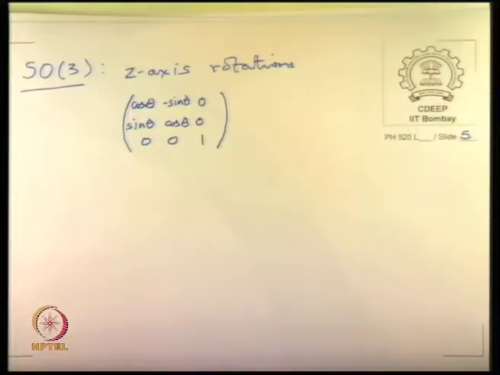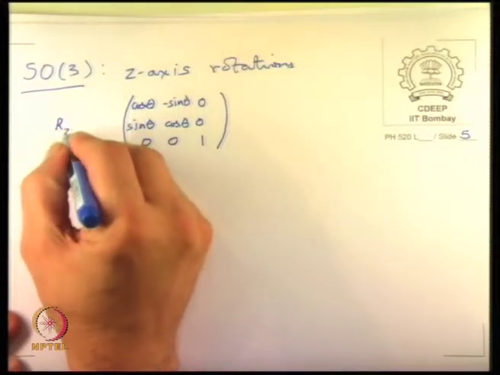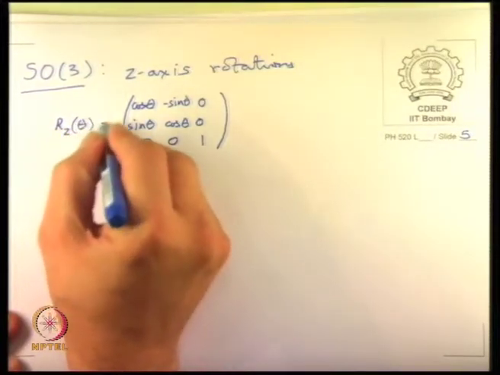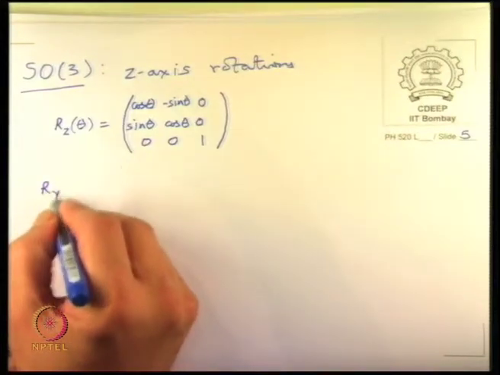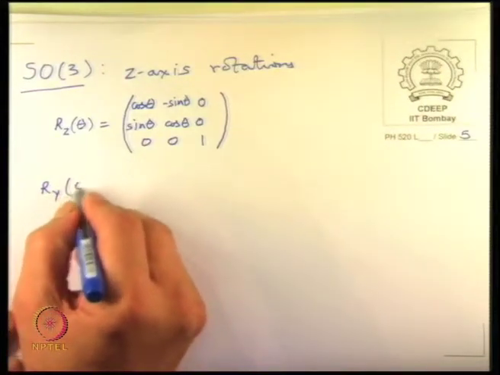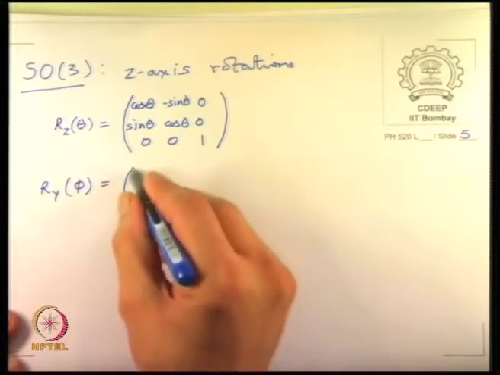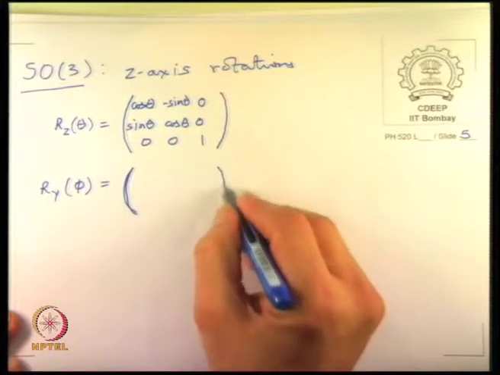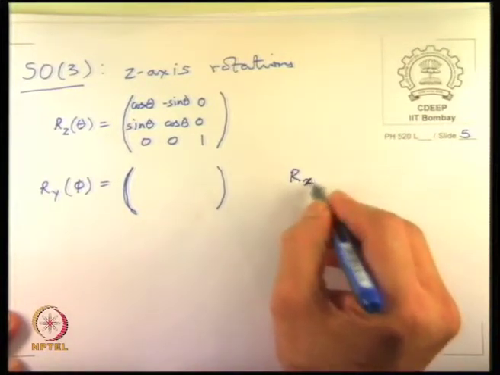And so let us call this RZ theta. We can similarly write out RY phi and then RX psi.